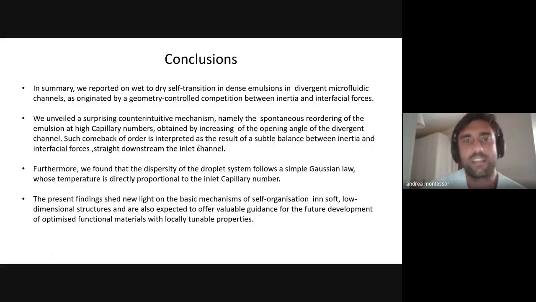And this comeback to the order can be interpreted as the result of a balance between inertia and interfacial forces. We hope that the present findings will shed new light on the basic mechanism of self-organization in low-dimensional structures, and we hope that this work can be a guidance for future development of two-dimensional functional materials based on the use of droplets.